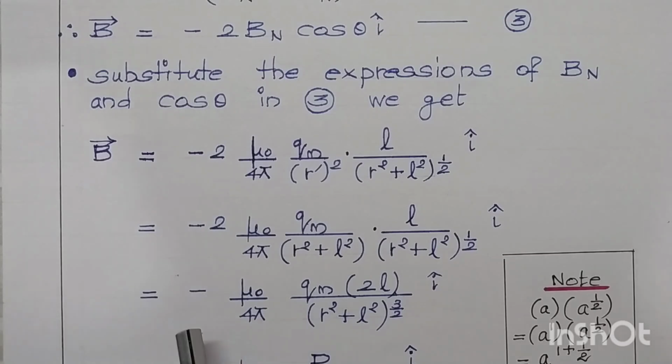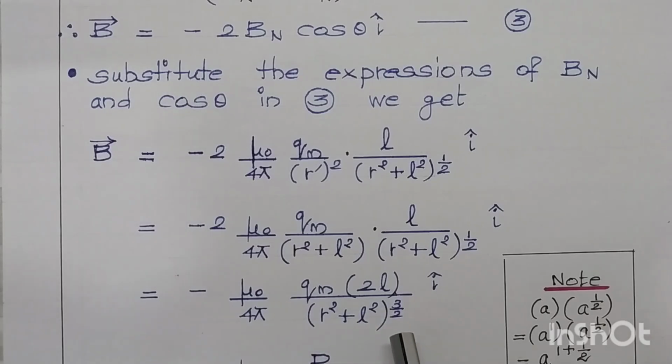In the next step, we have written like this: minus mu naught by 4 pi, this 2 is brought over here, so 2L is written beside Qm into I cap, and here r square plus L square into (r square plus L square) to the power of 1 by 2 gives (r square plus L square) to the power of 3 by 2.